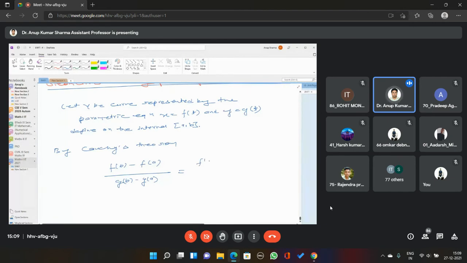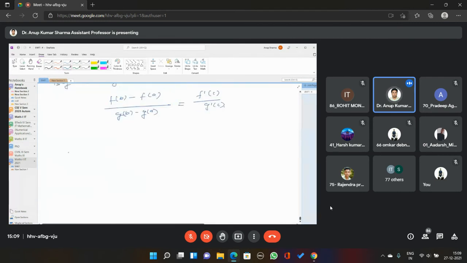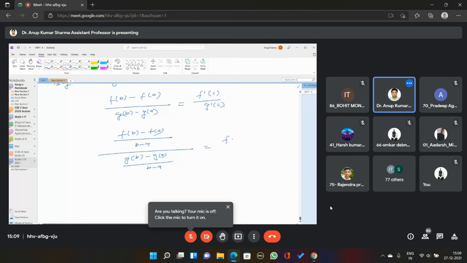So we write f'(c) upon g'(c), or f(b) minus f(a) upon g(b) minus g(a), equal to f'(c) and g'(c).